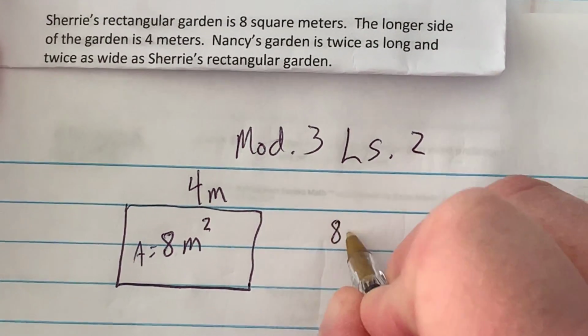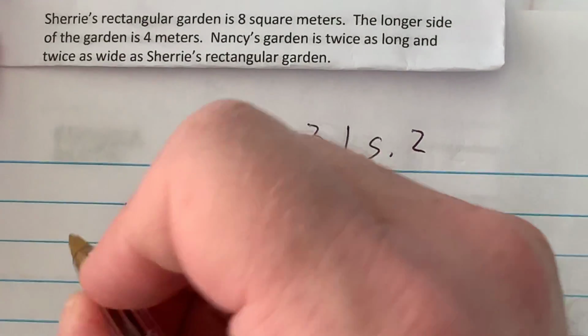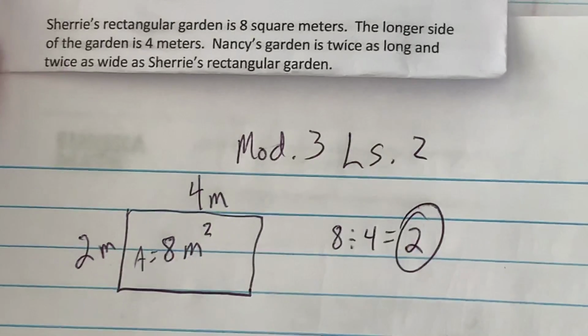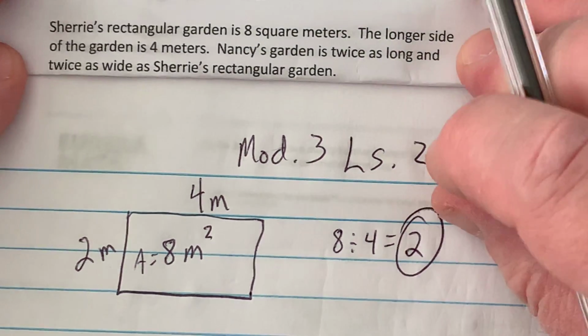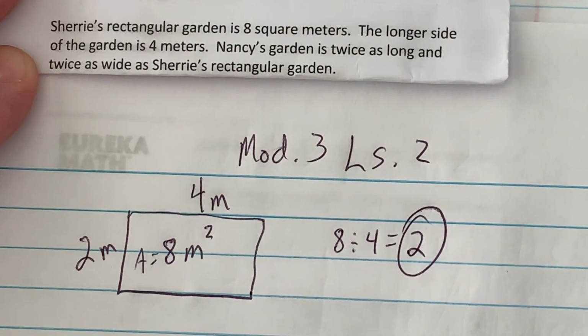Or 8 divided by 4 equals 2. So this side is 2 meters. Okay? Are you with me so far? Okay, sweet. All right, now it says Nancy's garden is twice as long and twice as wide.